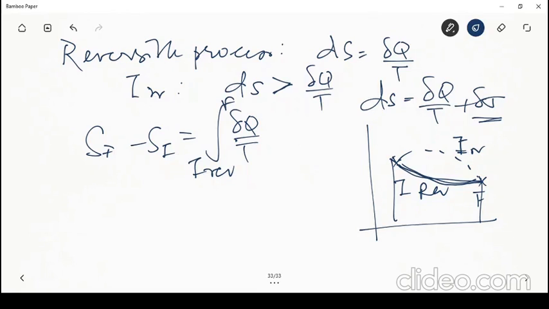This is basically what we take advantage of. Whenever we need to calculate the entropy change for an irreversible process, we construct a reversible path between the same two states and calculate the entropy change for the reversible path, and that gives you the entropy change for the irreversible process as well. So let us work it out by two examples. One is the example of short circuiting of a battery.